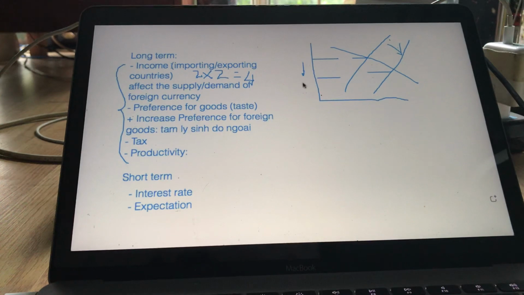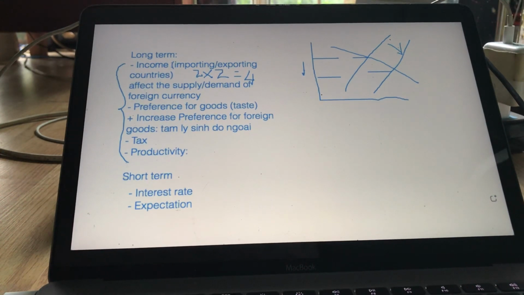The idea is that when you change a determinant, you have to understand how it affects the supply and the demand, whether the change leads to a decrease or increase in the supply or the demand.